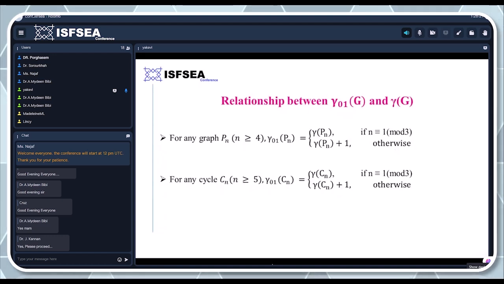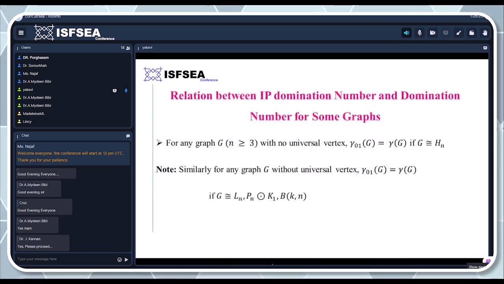Next we saw the relationship for some other graphs, that is, for any graph G with no universal vertex, gamma 01 of G equals gamma of G if G is isomorphic to H. Similarly, for any graph G without a universal vertex, the IP domination number of G is equal to the domination number if G is isomorphic to radar graph, comb graph, and banana tree graph.